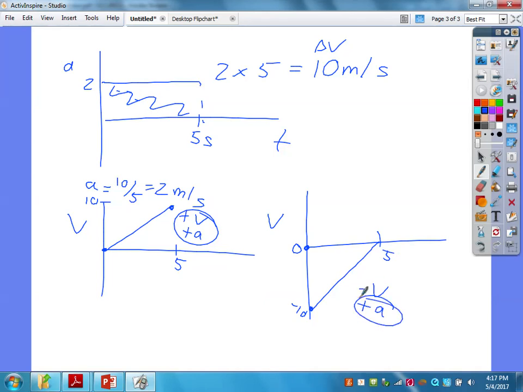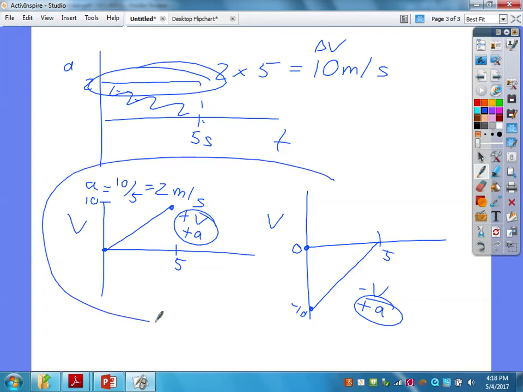My line is positive too. But this is what I'm saying. Acceleration does not specifically tell you exactly what's happening. It's telling you how something's changing, but it doesn't tell you exactly how it's working. And so you can see both of these graphs are possible interpretations of that very simple line up top.